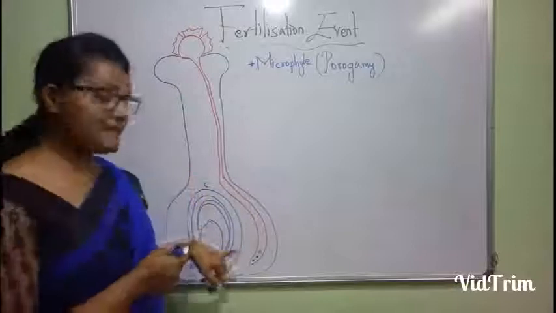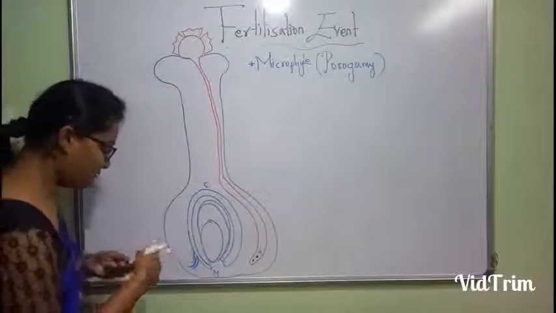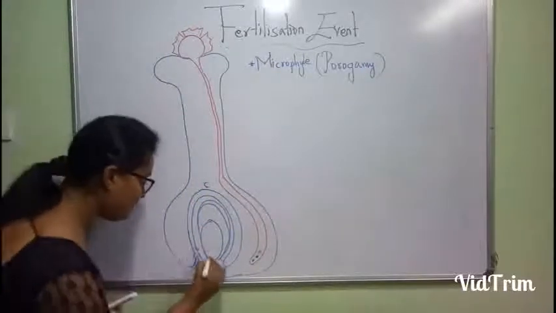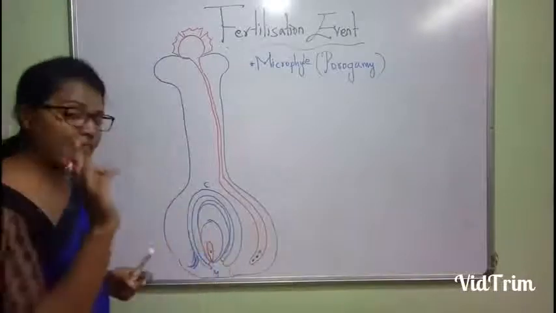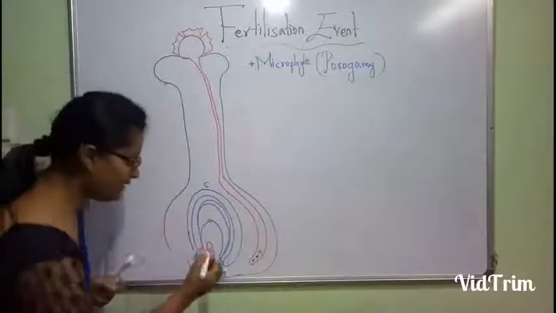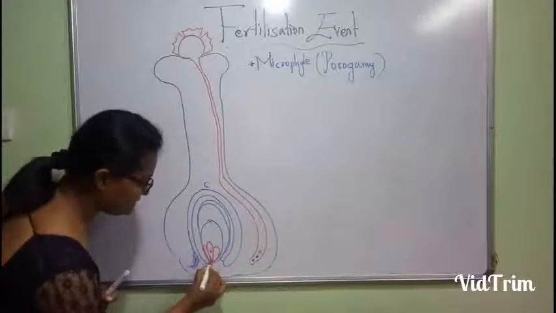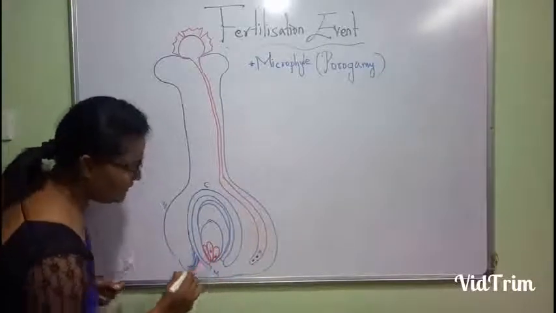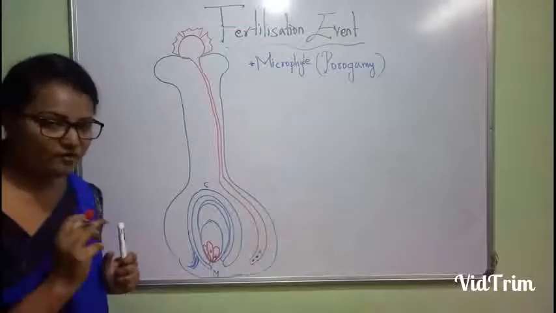So the cells here are, one is our egg cell. Remember the structure of the embryo sac. Another two are our synergids, which contain finger-like projections called the filiform apparatus.